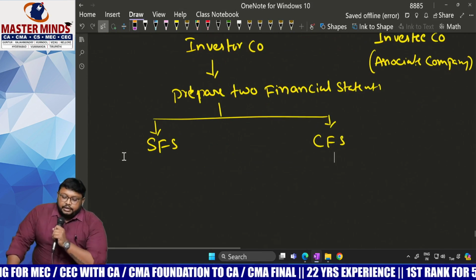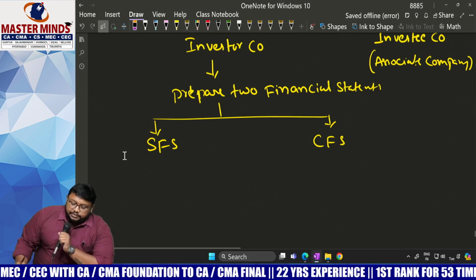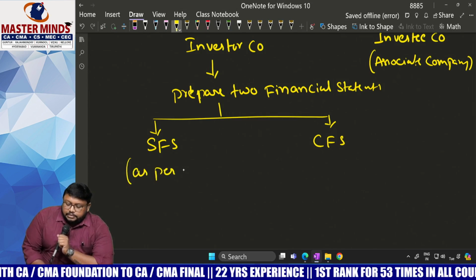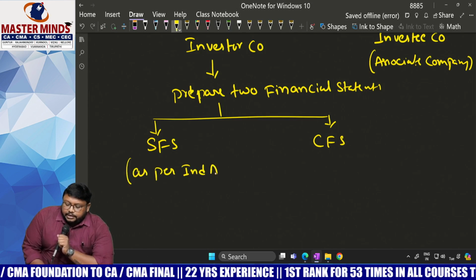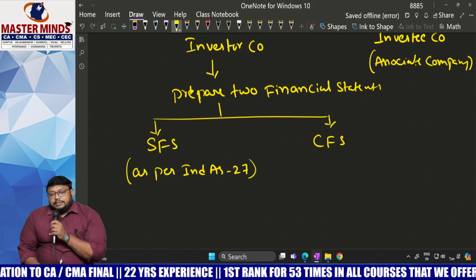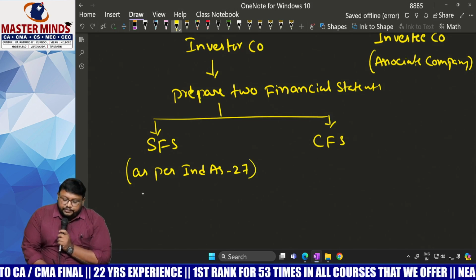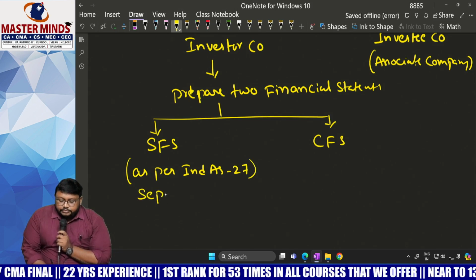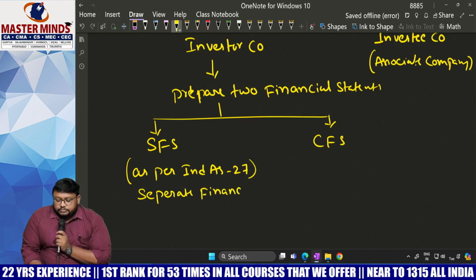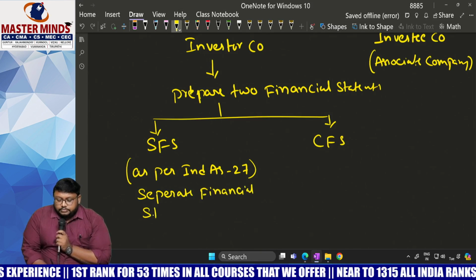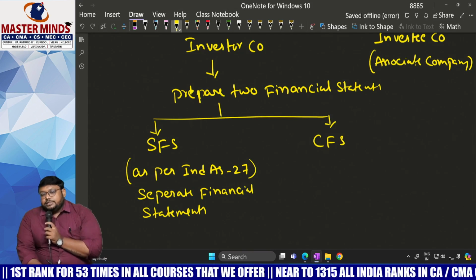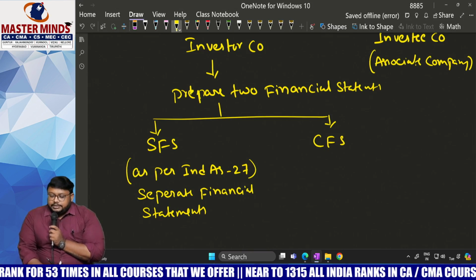So here, separate financial statements they will prepare as per Ind AS 27. Ind AS 27 deals with separate financial statements, that is, preparation of separate financial statements.